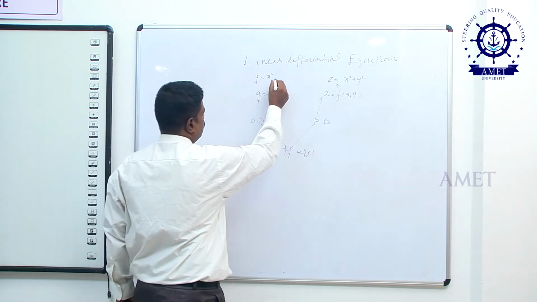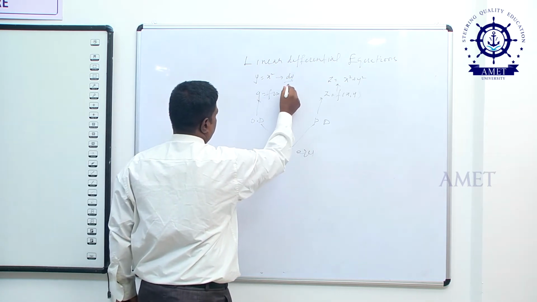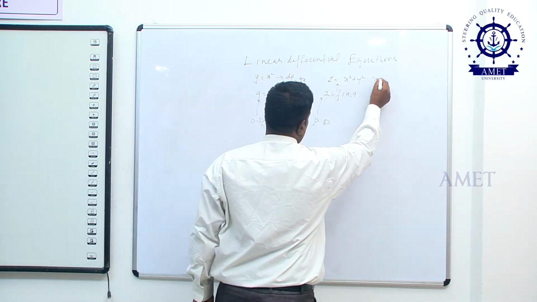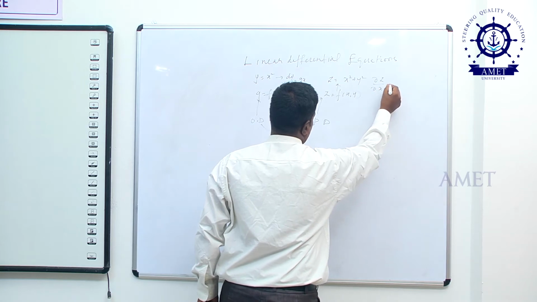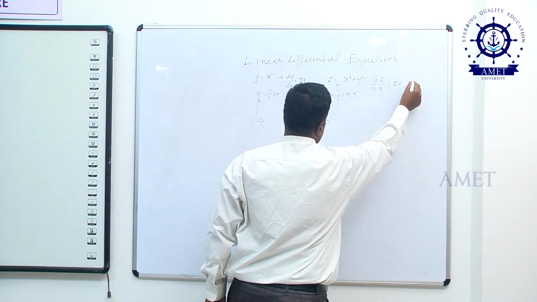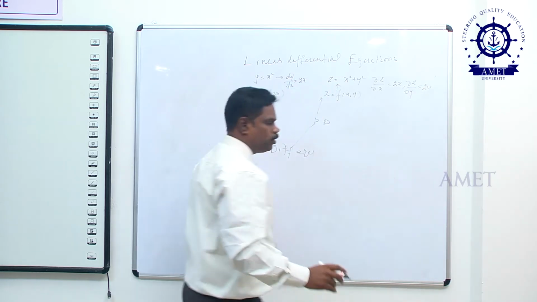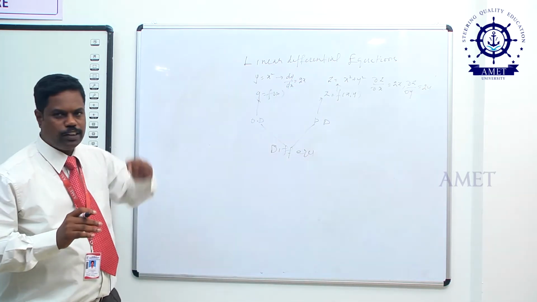Now, when you differentiate, this is dy by dx, and dy by dx is equal to 2x. Here, dou z by dou x is equal to 2x and dou z by dou y is equal to 2y. This is differentiation.